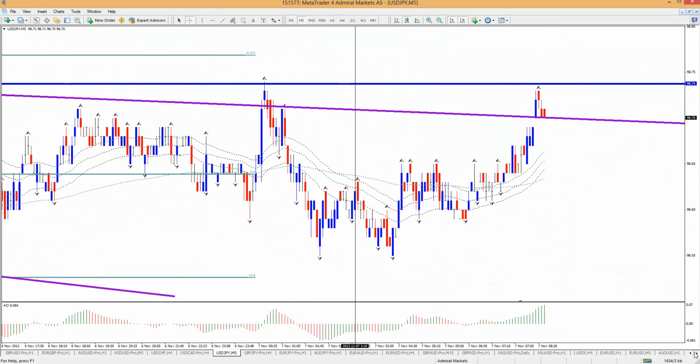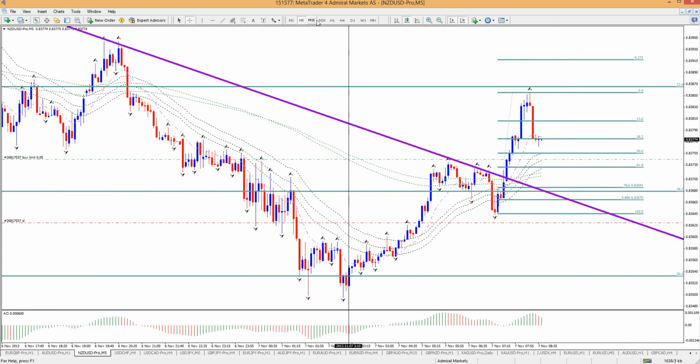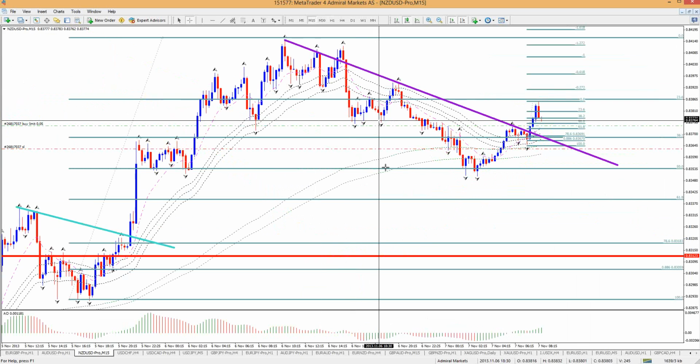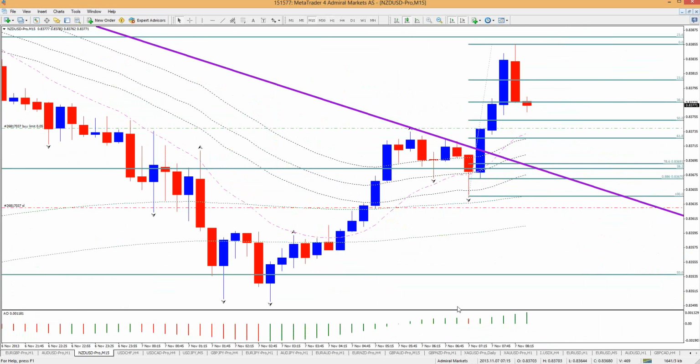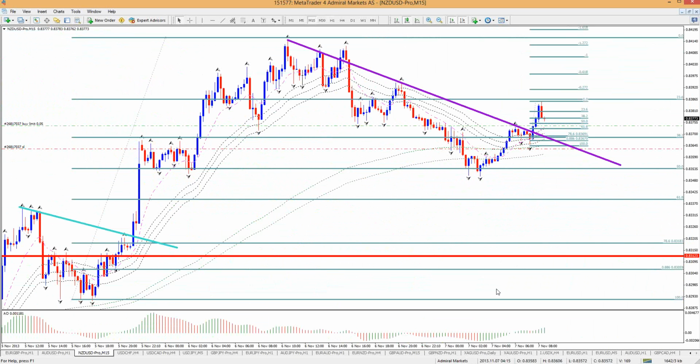Yeah, pound CAD, we can take a look at that. Well, let me quickly just take a look at the New Zealand. I want to check if I still want to be in that trade. Let me take a look. I mean, it looks like a good breakout to me.